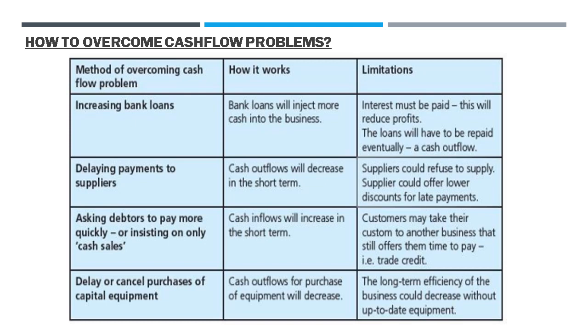Another solution is asking the debtors to pay more quickly. The debtors are none other than the customers who have purchased the finished products but haven't paid yet. So asking the customers to pay by cash or to make the payments immediately would definitely help the firm overcome the cash flow problems.